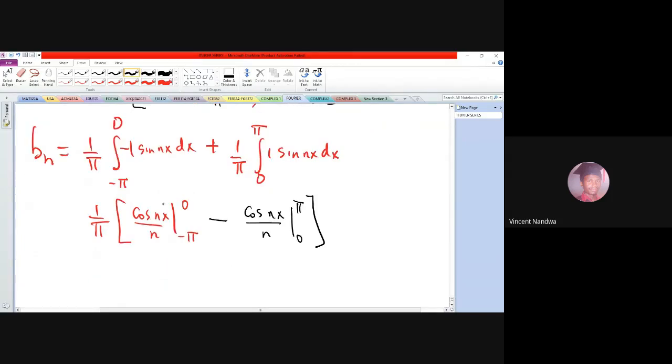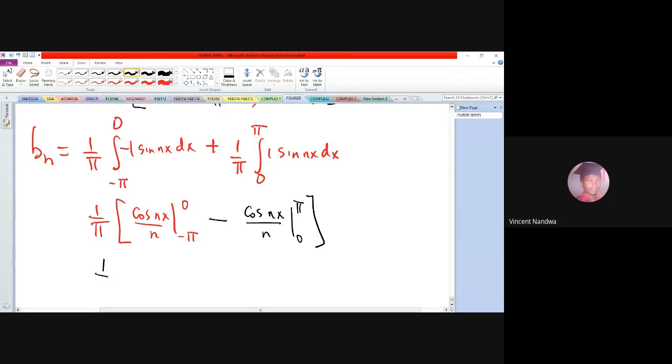So when you put in 0, you get 1. Cosine of minus 180 degrees is minus 1, and cosine of multiples of minus 180 degrees rotates between 1 and minus 1.